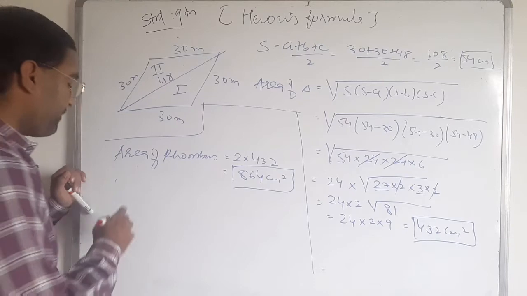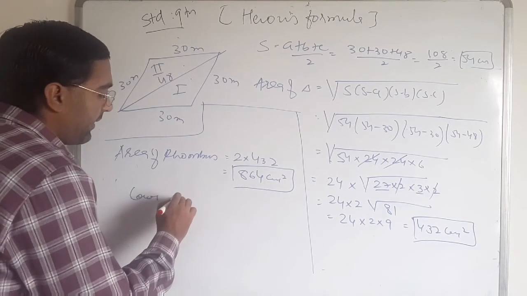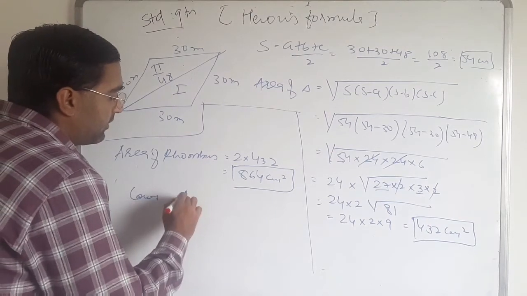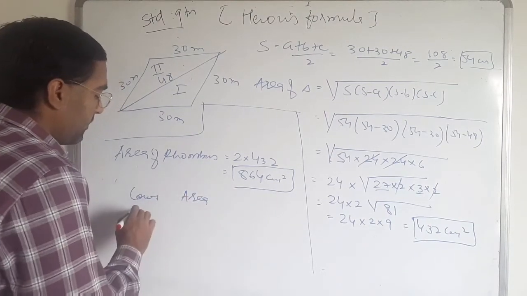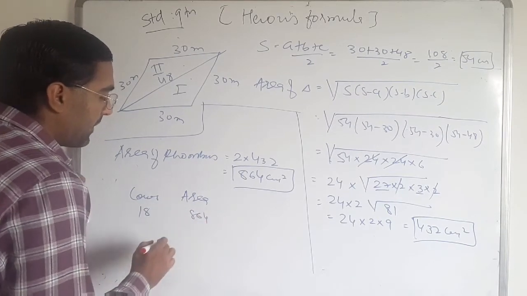So for each cow, now cows and field, that is area. 18 cows graze on 864 centimeter square area.